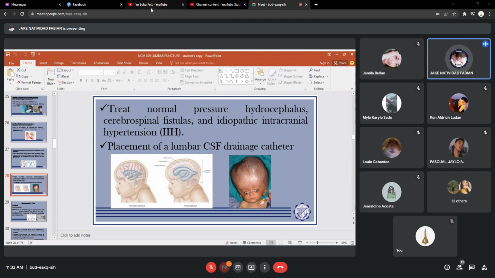And the signs and symptoms of your idiopathic intracranial hypertension is the same as the signs and symptoms of a patient with brain tumor. Okay? So malalaman mo na meron siyang CSF leakage if a watery discharge comes out from the nose of a patient and comes out from the ears.